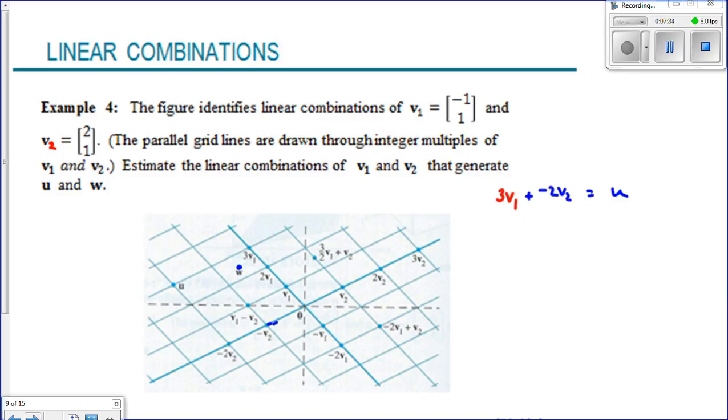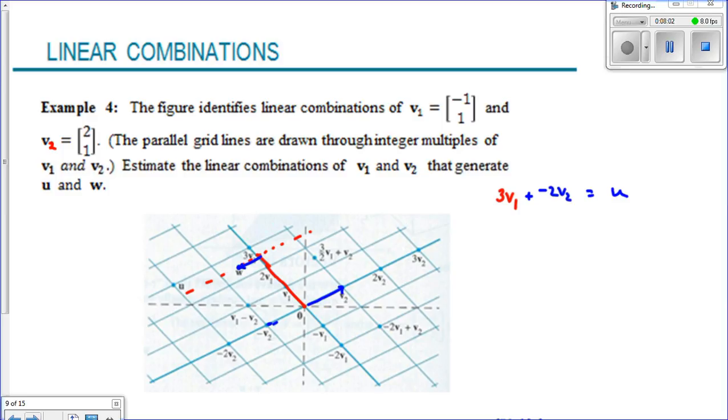So you can also think of it as if you were traveling along streets. So from the origin, I need to go out 1 v1, 2 v1, and maybe another half of v1 to line up. And then how many v2s? Well, to get to the w, I'm going to have to go to the left side, which is in the opposite direction of v2. Remember, v2 is over here heading to the right.